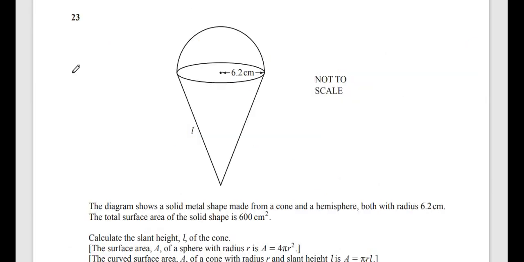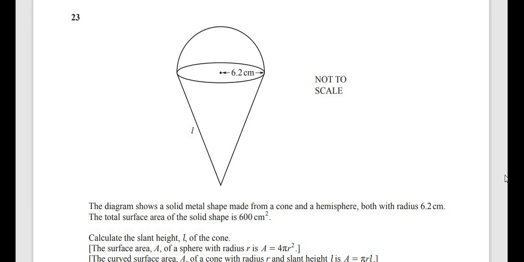Then question number 23, actually this is the last question. The diagram shows a solid metal ship made from a cone and a hemisphere, both with a radius of 6.2 centimeters, as you can see. The total surface area of the solid ship is 600 centimeters squared.